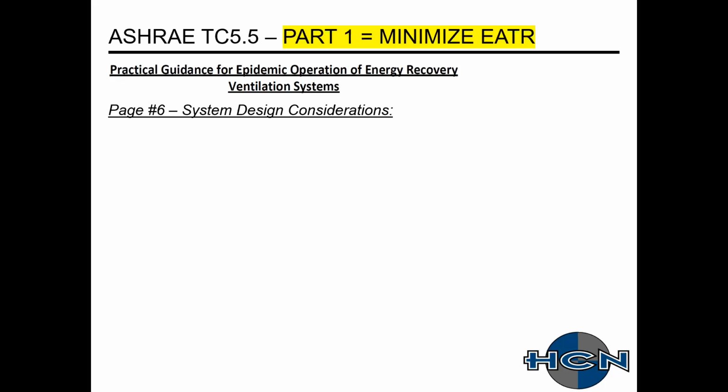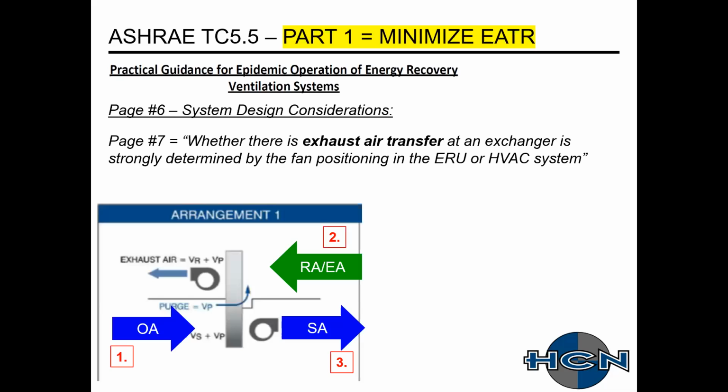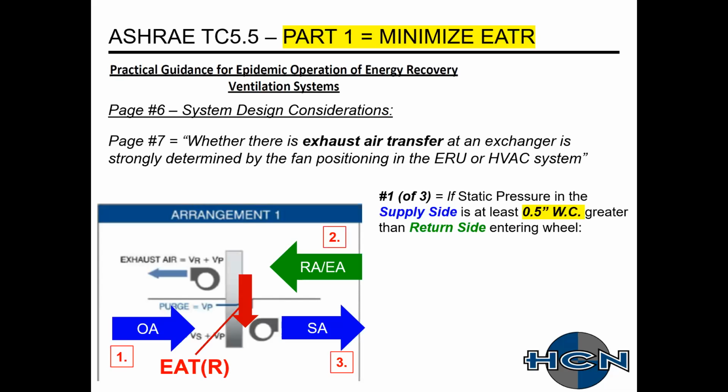All right. So on page number 6, they have system design considerations. This is looking to minimize energy transfer ratio. Whether there is exhaust air transfer at an exchanger is generally determined by the fan positioning. This is referring to the 4 arrangements that I showed previously. Arrangement number 1, I've blown up, just depicting the exhaust air transfer ratio.